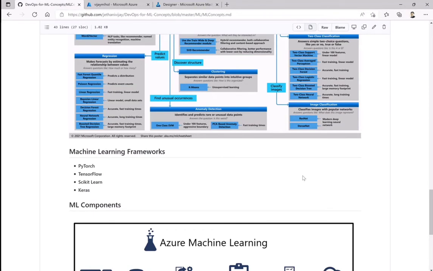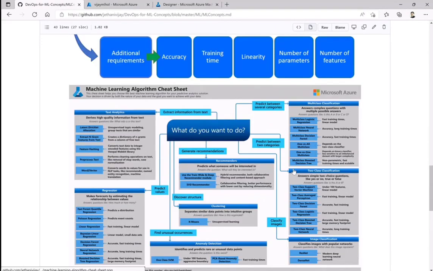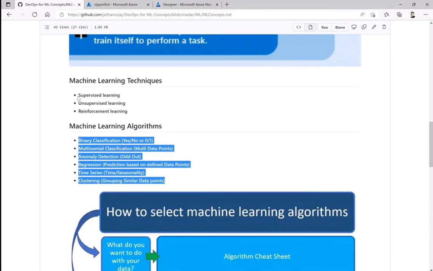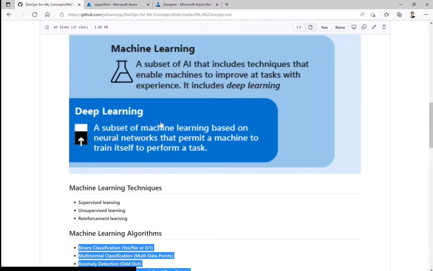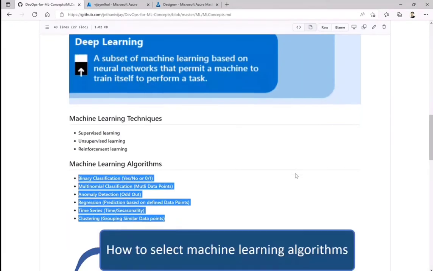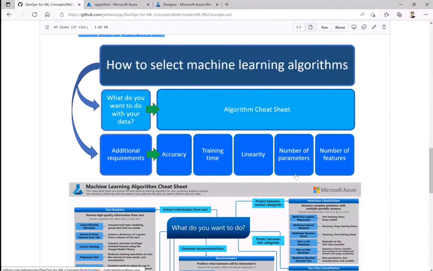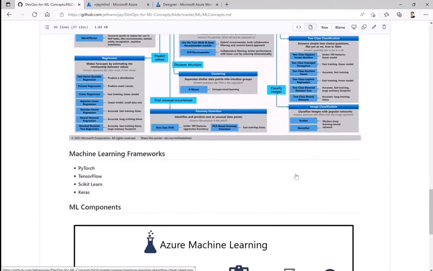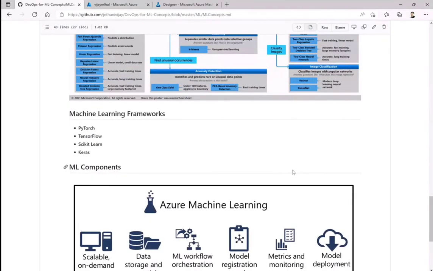Now where it fits purely depends upon, again coming to the basic technique, whether you want to run supervised, unsupervised or reinforcement, and based upon that it will also classify your deep learning versus traditional machine learning. Those things will come to you based upon the use case you select.